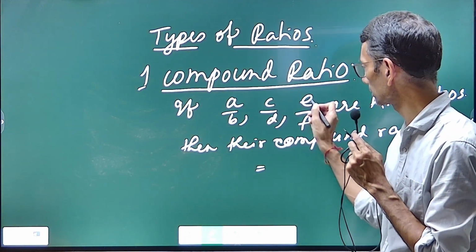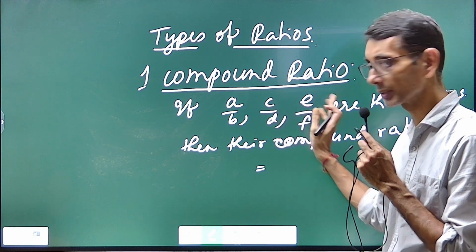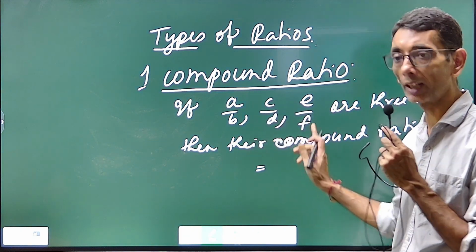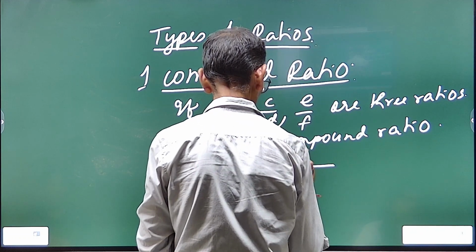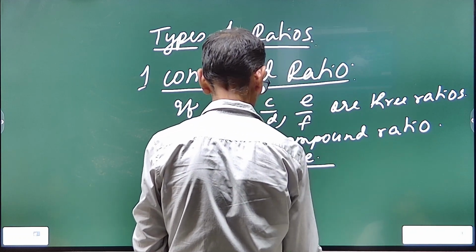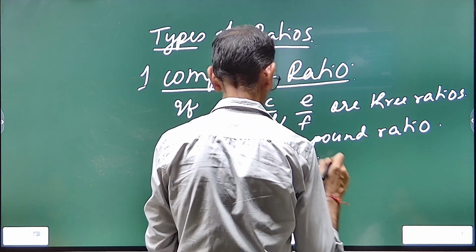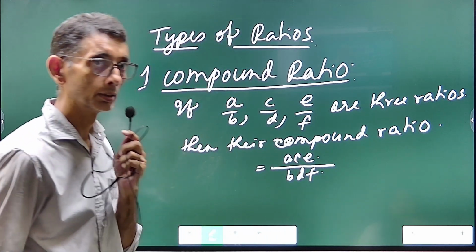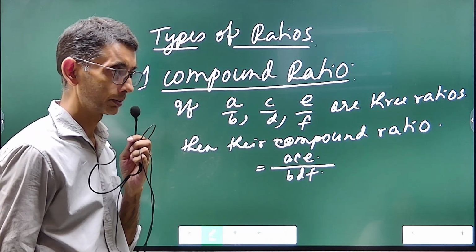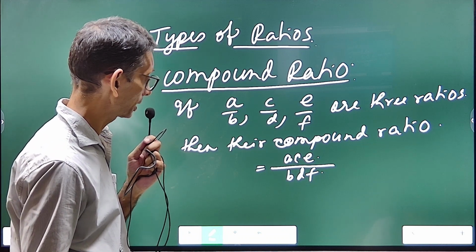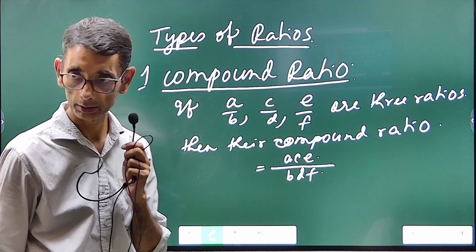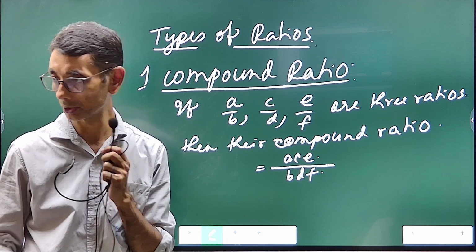A into C into E on top, and B into D into F below. You can just write it without the multiplication sign: ACE on top and BDF below. Done. So it's called the compound ratio of the three ratios.